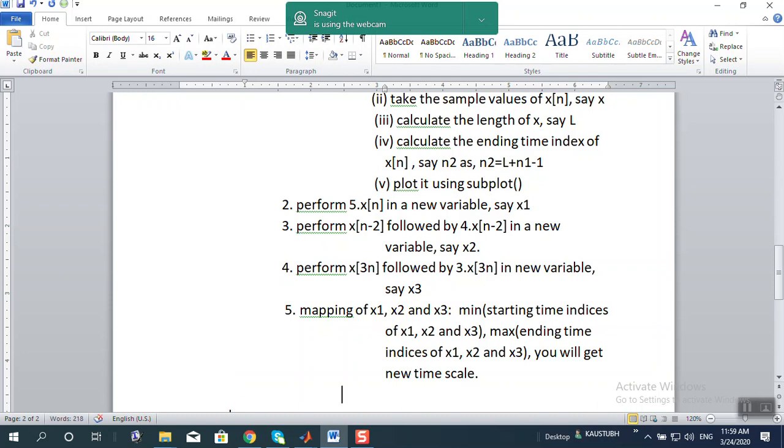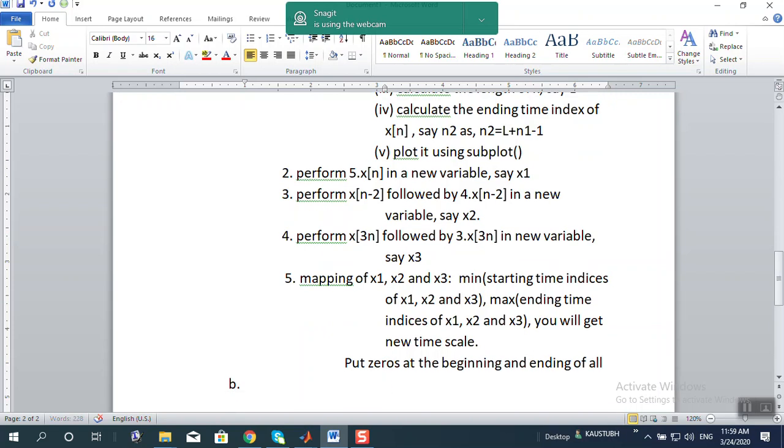Then put zeros at the beginning and ending of all, that is x1, x2 and x3, in a generalized manner.